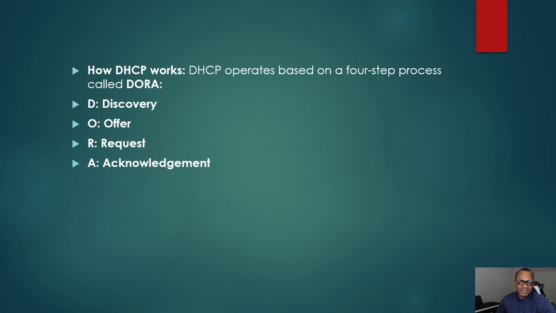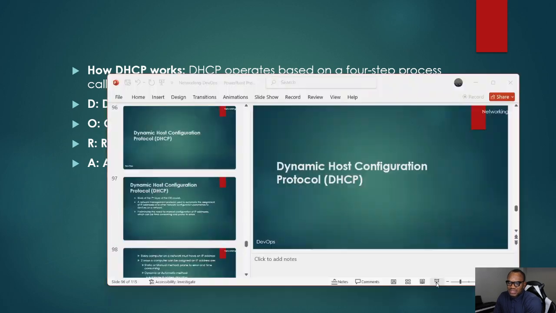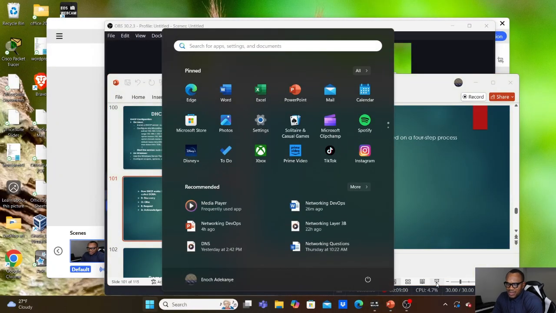The laptop will send a DHCP request to accept the offered configuration, and the DHCP server finalizes the process with a DHCP acknowledgement, assigning the IP address to the laptop for a specific lease duration. The laptop now has an IP address and is connected to the network, and you can check these on your laptop.